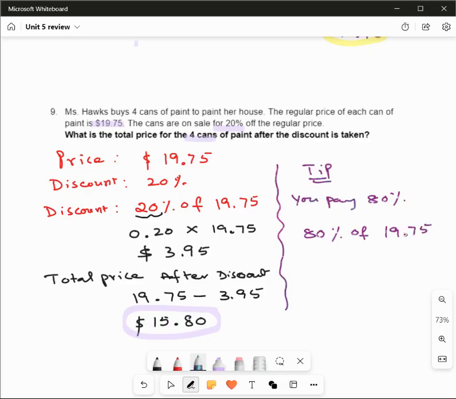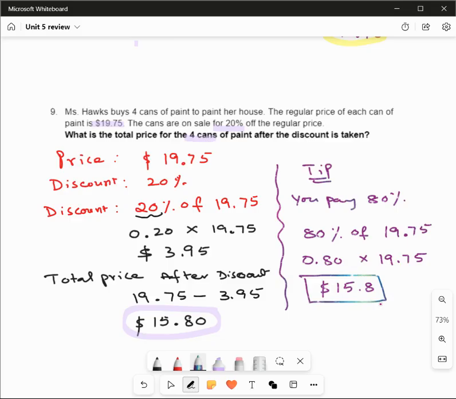Let's do the math. 80% means 0.80, or 0.8, times 19.75, which is also $15.80. You can use whichever method you like. That's totally good to go.